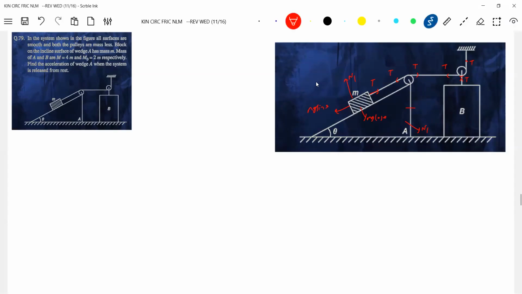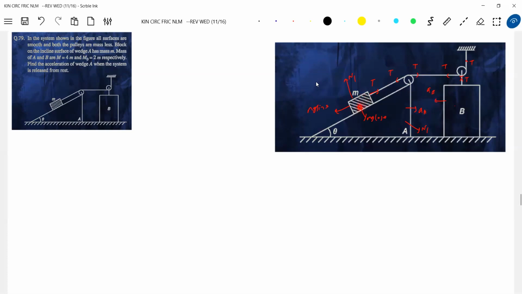So let me take this acceleration. In what possible direction will this wedge B move? It must be towards the left, no? Because the tension is there. What about the block? What direction should it move?